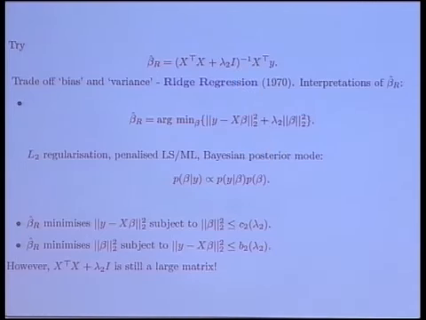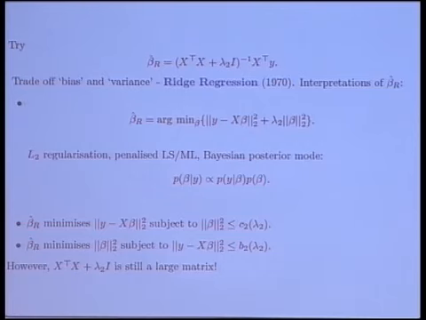And this leads to something called ridge regression, which is not a 21st century development, but it certainly leads to an estimator for the parameters of the straight line, or the so-called linear model.